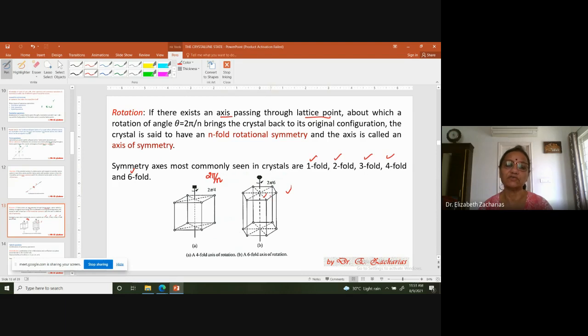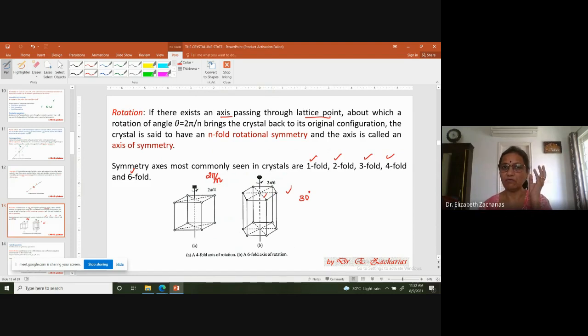What is 2 pi by 6? 180 by 6 is 30 degrees. Each time by turning the crystal about that axis by 30 degrees, you won't be able to recognize whether you have turned the crystal or not. It's going to look exactly how it was at the beginning. So like this, I can actually turn it 6 times. That means this crystal has got a 6-fold symmetry.